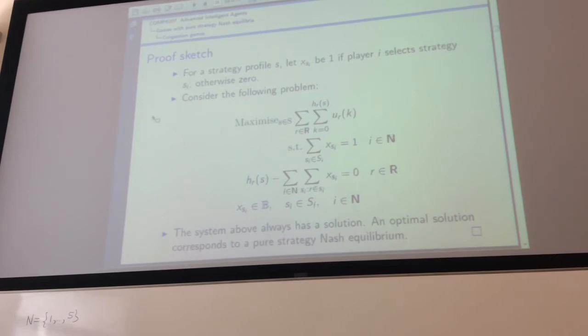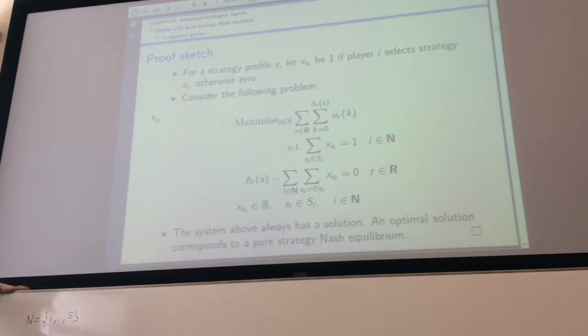So for every strategy profile and for every player, we define a binary variable that takes values either 0 or 1 for each of the strategies of the agents. If he chooses that strategy in the given profile, it will be 1. If he does not, it will be 0. So just an indicator. Okay.